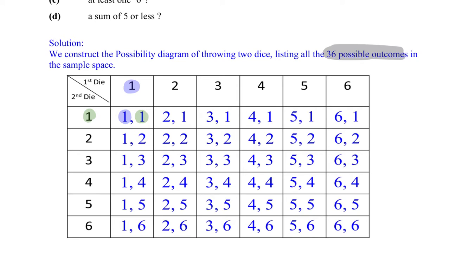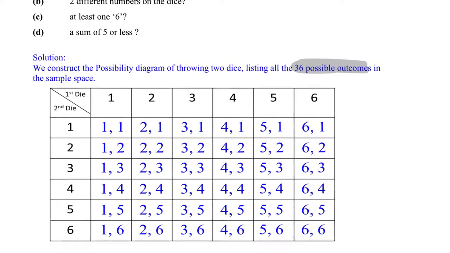So for example again, this simply means that the first number I got is 3, the second number I got is 4. Okay, so on and so forth. Once I know this, I will then be able to go back to my questions and see what they are asking for.